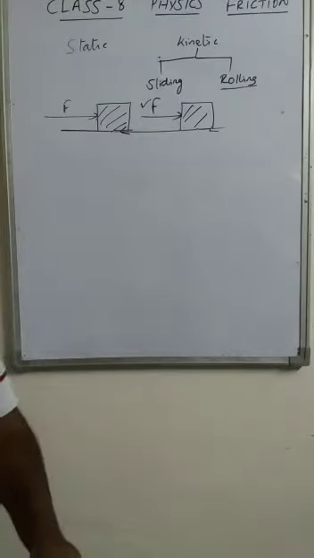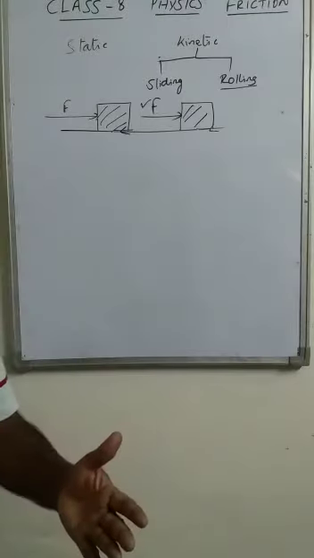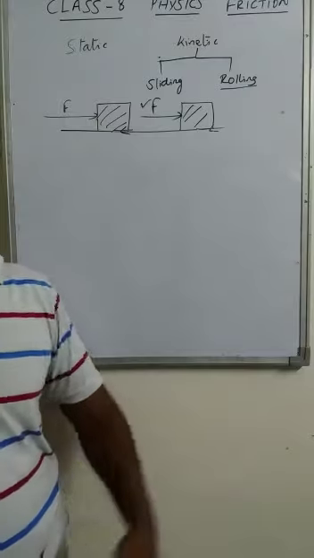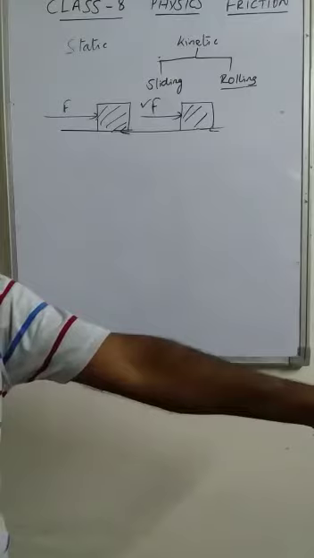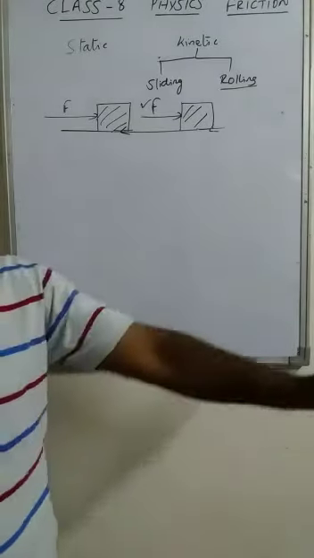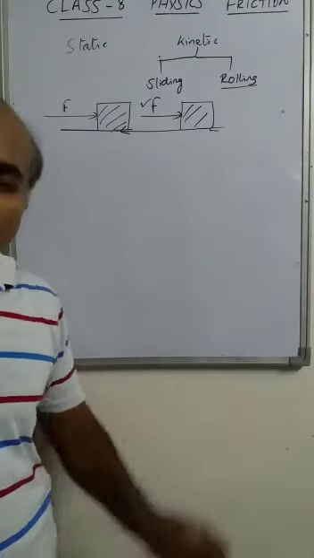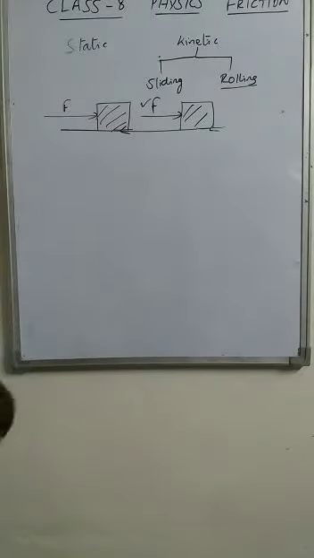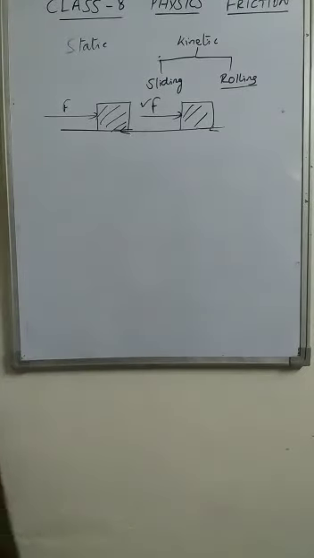In that movement, we are changing the type of motion of the object. Some objects we are pulling in a sliding condition, and some objects we are rolling. Mostly, we prefer to move the object by rolling on a surface.